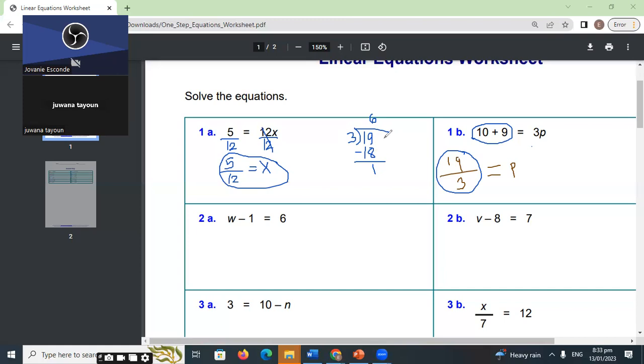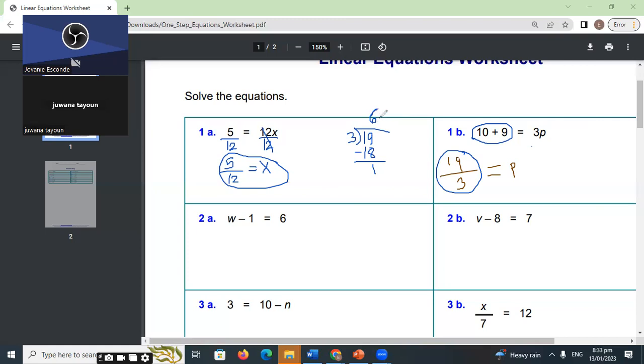Okay? Please take note of this because sometimes most of my students were not able to get how to express it into a mixed number. Actually, we will have a mixed number, which is our answer here. So since we have 6 here above, this 6 is our whole number.